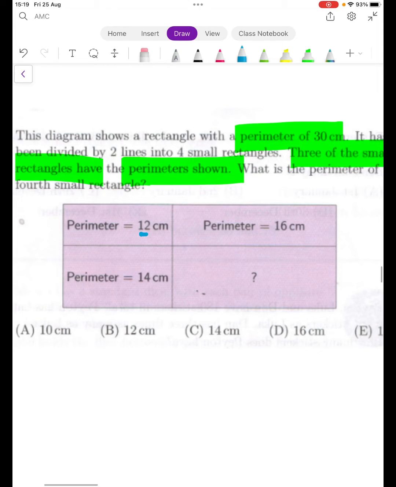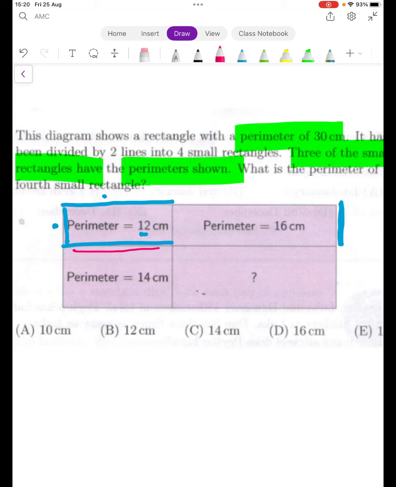So when we say perimeter is 12 for this little rectangle, that means we are calculating this plus this plus this plus this. Now let this and this be here. Can you see this side is actually the same as this side? So I'm going to erase this and put that here, because finally I know the perimeter of the larger rectangle, so I'm trying to translate all those things up there.